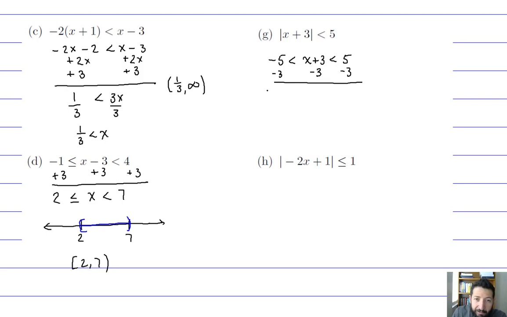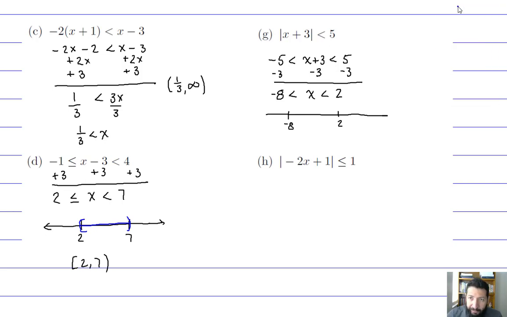Anyways, negative 5 minus 3 is going to be negative 8. x plus 3 minus 3 is just x. And then less than 5 minus 3, which is 2. And that right there will give you your solution. So we are going to draw it, from negative 8 to positive 2.